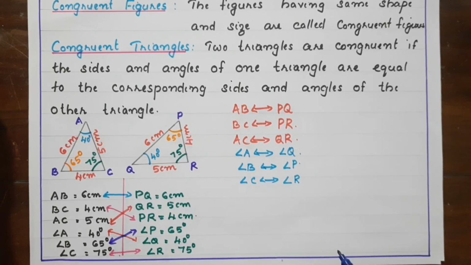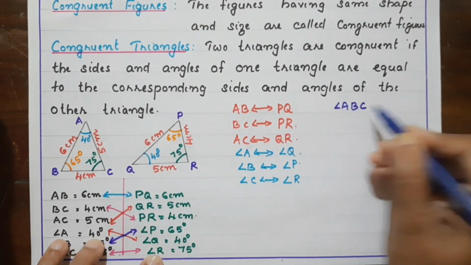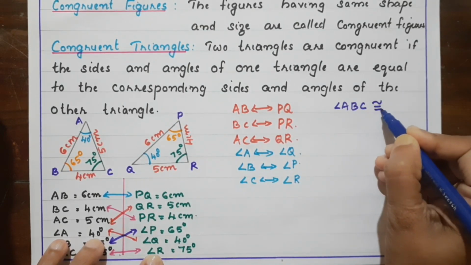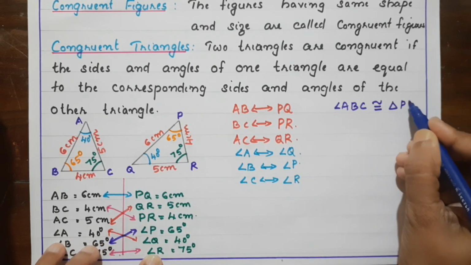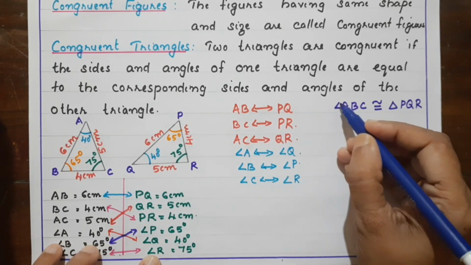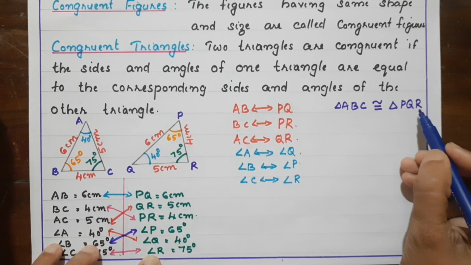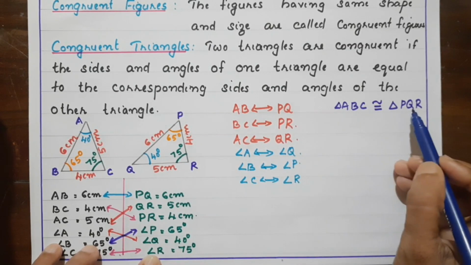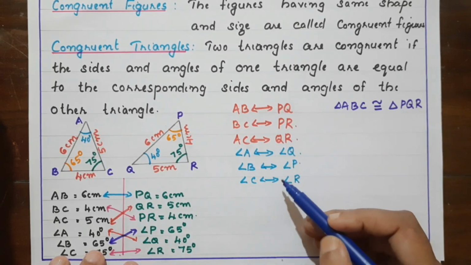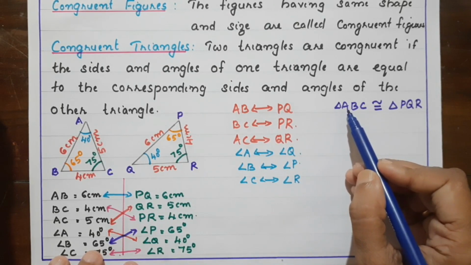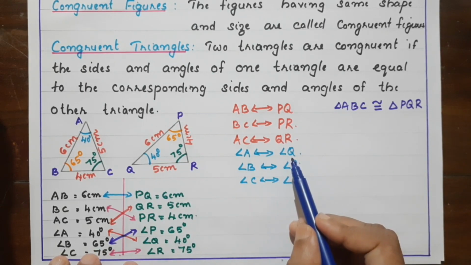So if I am writing triangle ABC congruent to, this is the symbol for congruency, triangle PQR, it is wrong. Triangle ABC congruent to triangle PQR, then it is wrong. Why? Because here you can see angle A corresponds to angle Q. Okay.